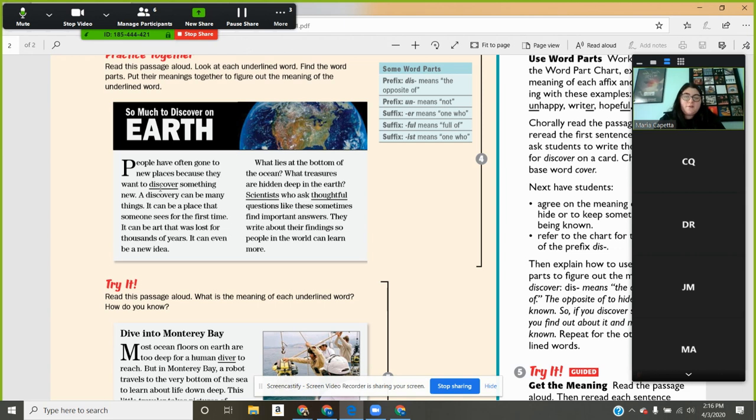So, Joelle, what we've been talking about is that in a word like discover, dis is a prefix and cover is the base word, meaning that dis is not a real word. Cover is a real word in English.